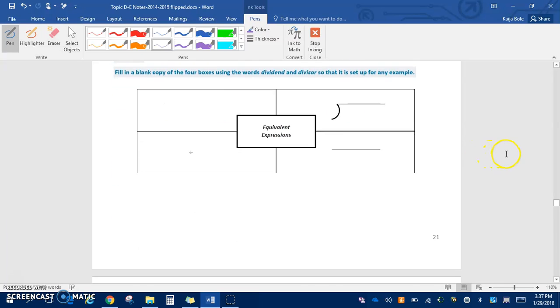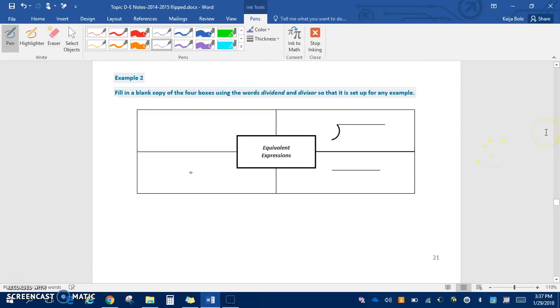Alright, so if we look at this, here we have nothing, but now we're just going to use the words dividend and divisor, which I think you've heard of before, but we shall write the definition at the bottom. So the dividend is your original number.